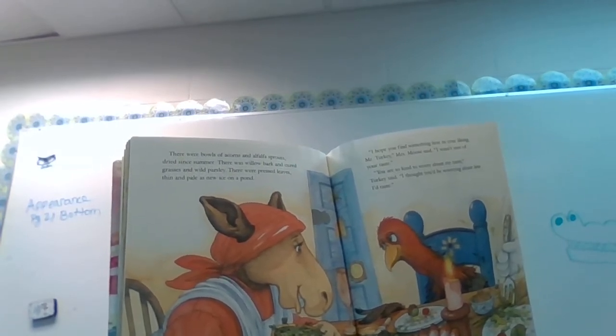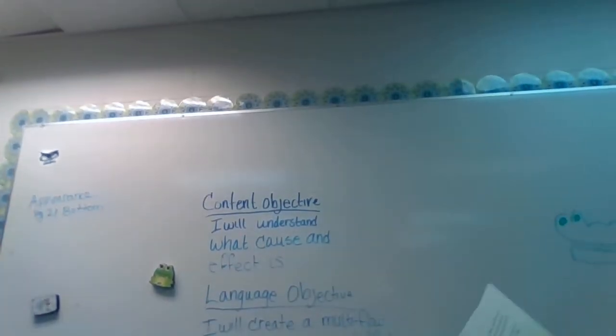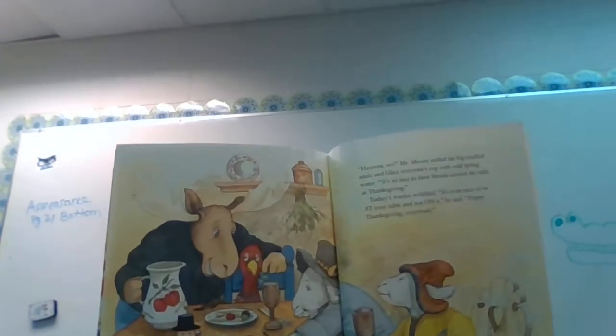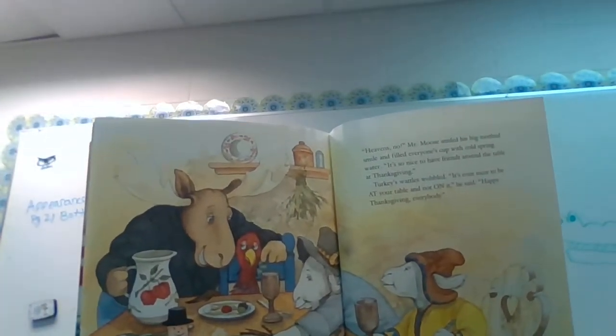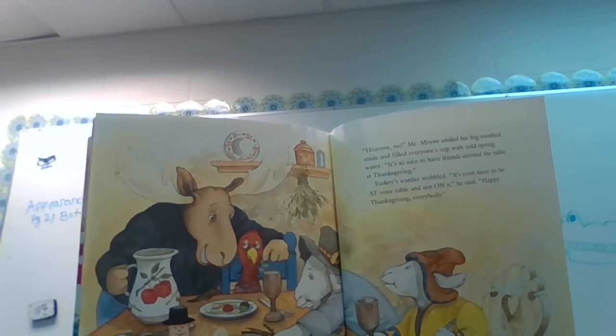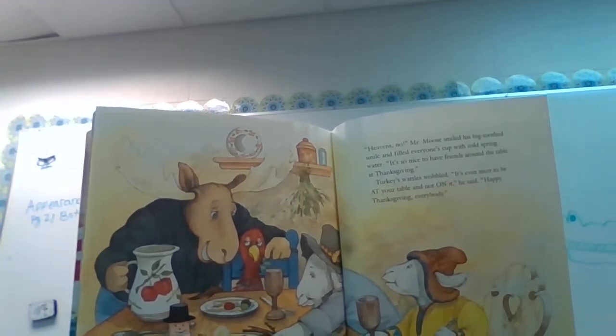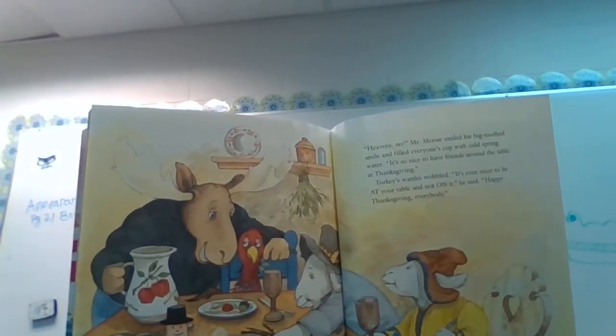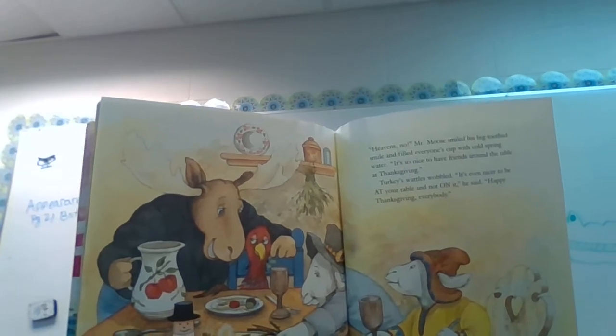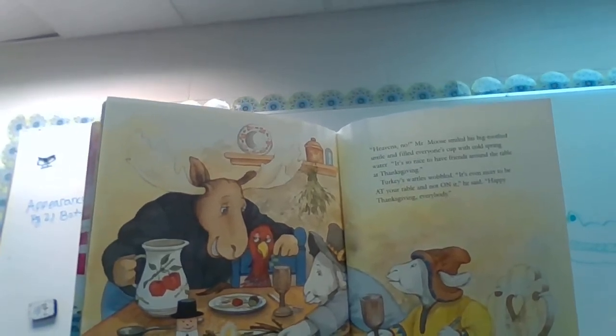I thought you'd be worrying about how I'd taste. Heavens, no! Mr. Moose smiled. His big toothy smile and filled everyone's cup with cold spring water. It's so nice to have friends around the table at Thanksgiving. Turkey's wattles wobbled. It's even nicer to be at your table and not on it, he said. Happy Thanksgiving, everybody.